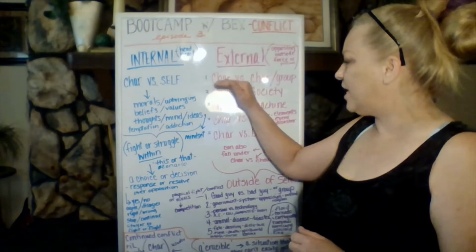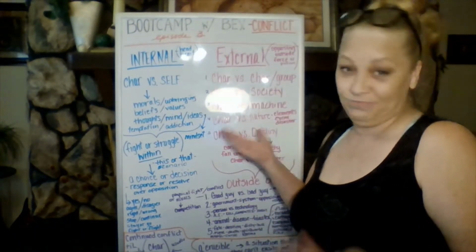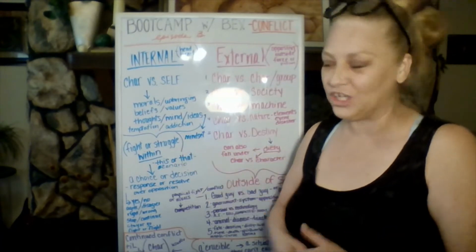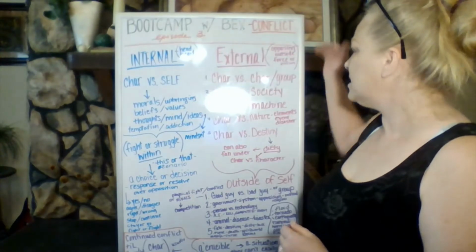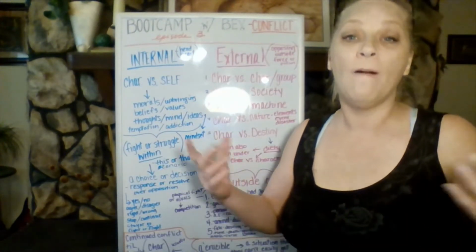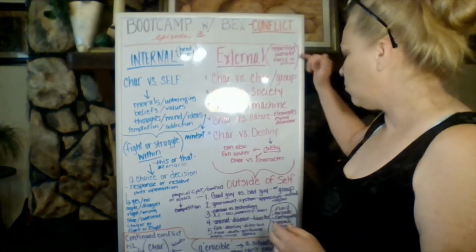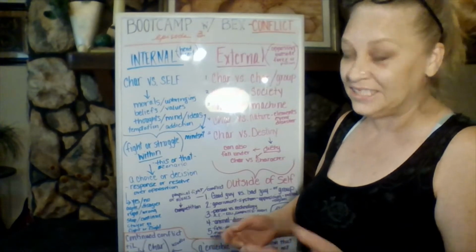Okay, so the character versus character is usually, well, it's pretty much just like it says, character versus character. So this character versus character sometimes could be a group. This is an opposing outside force or person or persons, okay? So this is where good guy versus bad guy or protag versus antag.